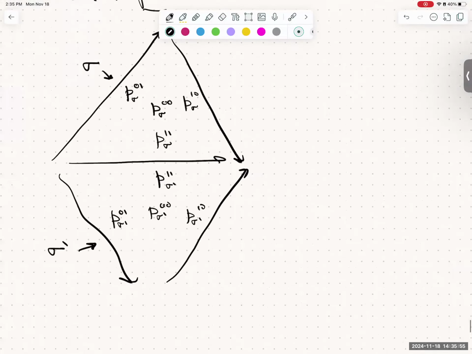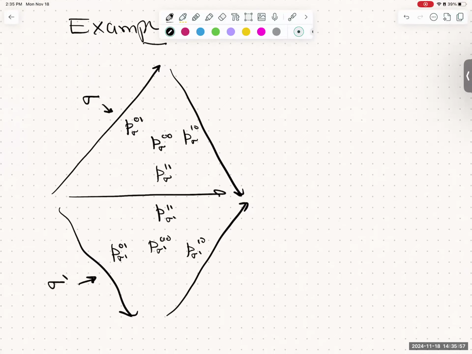Okay, so what are the equations for this one? P sigma AB greater than or equal to 0, P sigma prime, say RS, greater than or equal to 0.